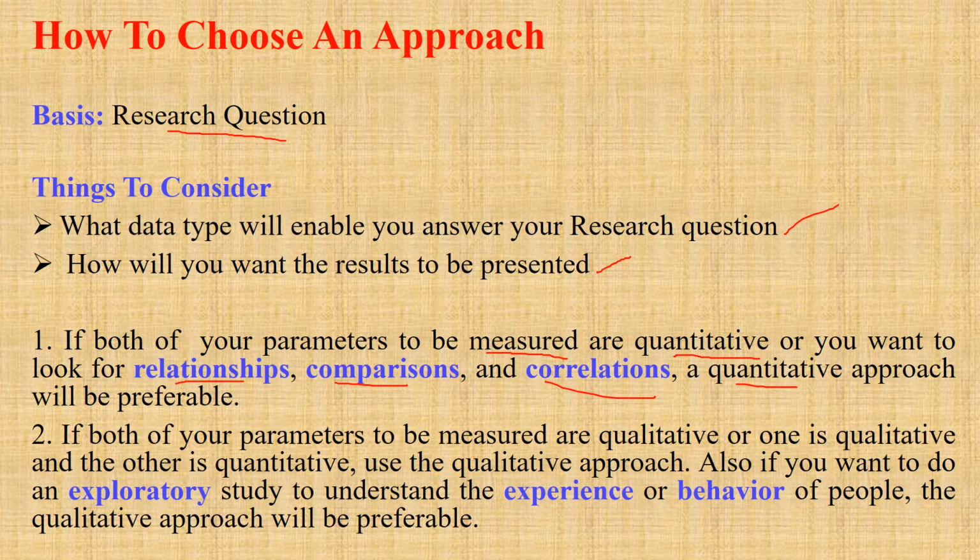But on the contrary, if both of your parameters to be measured are qualitative, then you have to use the qualitative approach. Or if one of the parameters is qualitative and the other is quantitative, then still you will have to use the qualitative approach.